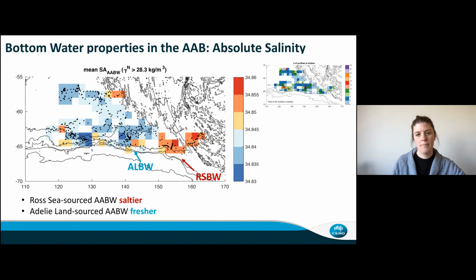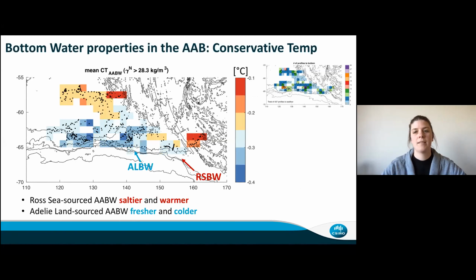And the picture is very similar for temperature, where you see a warmer version coming from the Ross Sea, colder coming from Adelie Land, and then much warmer temperatures north of about 62 south.